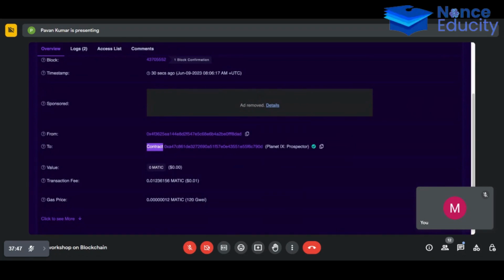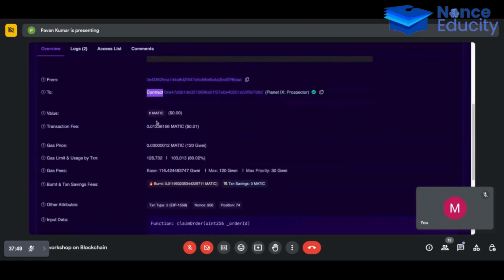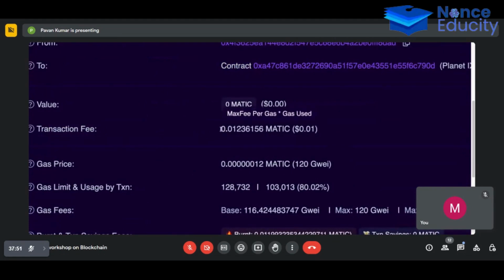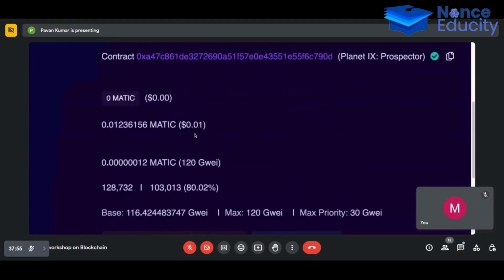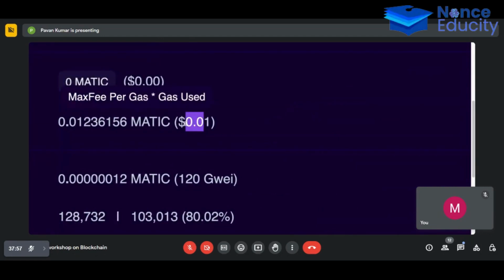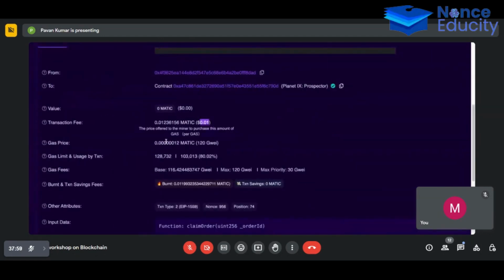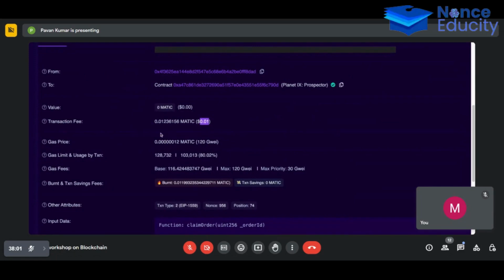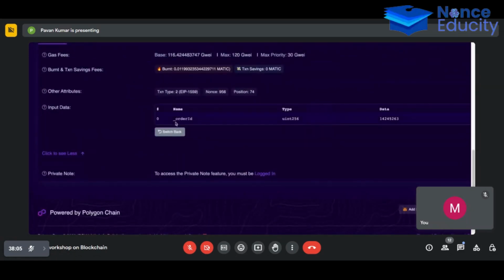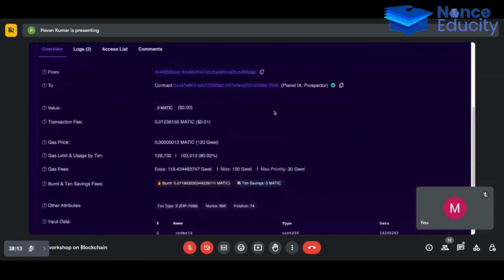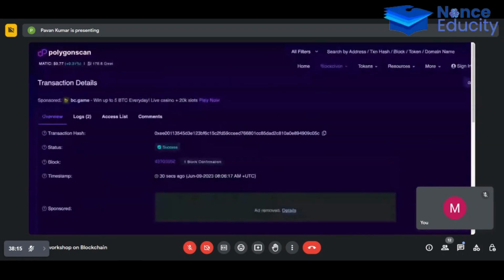And for the gas fee used here, you can see the transaction fee was 0.01 Matic, meaning in US terms it's just 0.01 US dollars. So this is the amount of gas that was used, and there are some more details as well, like the input data, basically what data was passed. So everything is transparent here. Everything is visible to the public, and you can view all those details in this particular explorer.